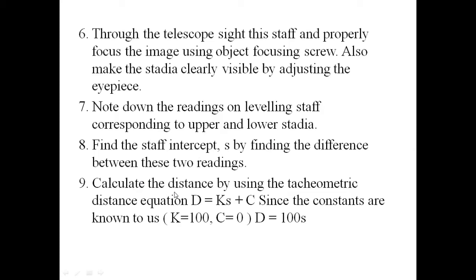Then calculate the distance using the tacheometric distance equation, D is equal to KS plus C. Since the constants are K equal to 100 and C equal to 0, D is equal to 100S. In that case, we are using an analytical lens, which is why the value of C is 0. Instead of an analytical lens, there are some other values.